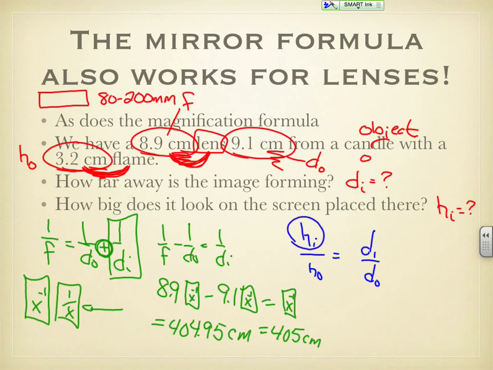So it moves from down here to up there. So we end up with ho di over do, which really sounds kind of goofy. Ho di over do. Sounds like we're yodeling or something. So the ho, of course, was 3.2. A second ago we figured out the di was 405, and the do, of course, was 9.1.